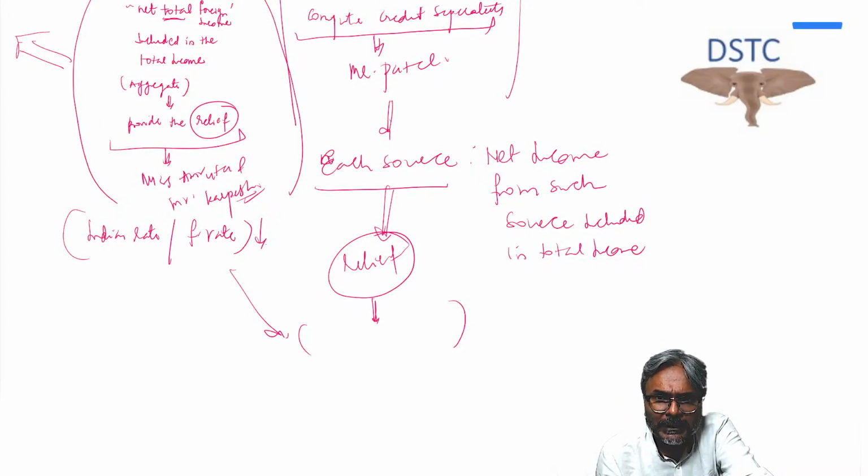That is how the relief would be granted. I hope that every one of you is clear with this particular point. So this is how things have to be looked upon.